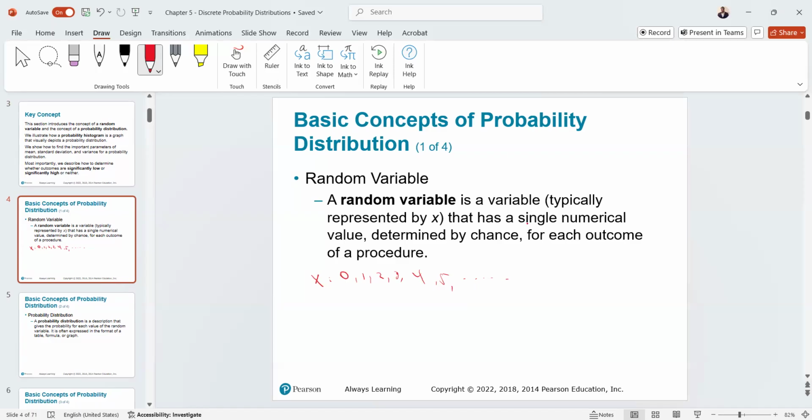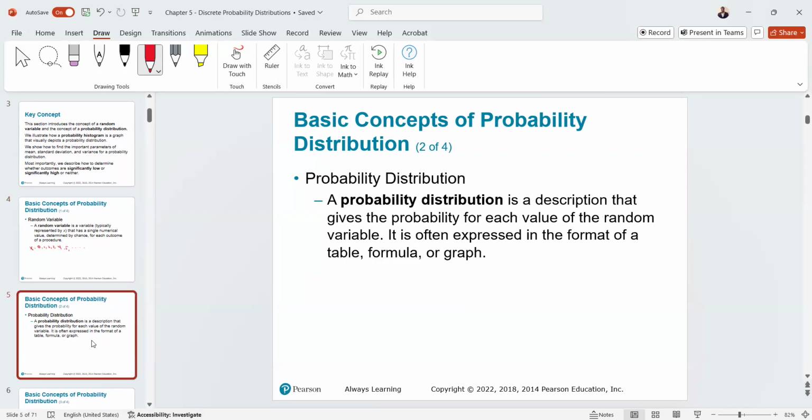So, for example, you toss a die and you obtain a 4, or you toss a die and you obtain a 3. Those are random outcomes.